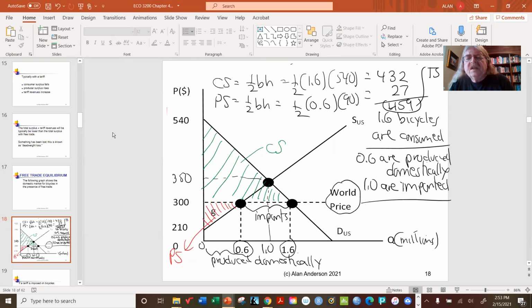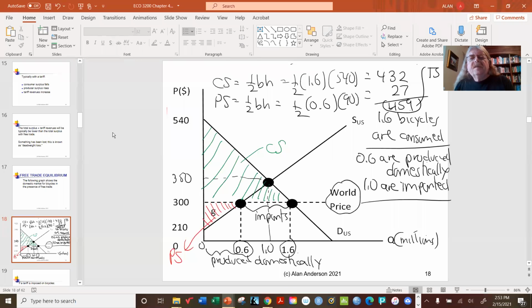And so we're reaching an equilibrium, even though the domestic producers would require a price of $350. Instead, this horizontal distance is what we have for imports, and that brings our total consumption to 1.6 million bicycles. So right now, the green triangle represents consumer surplus.